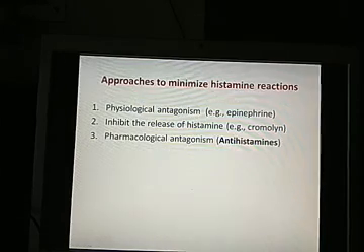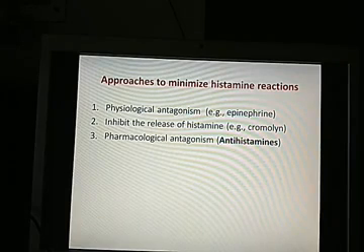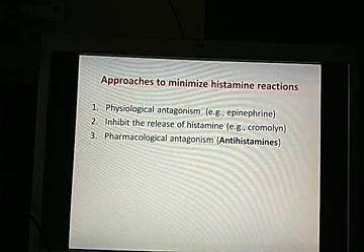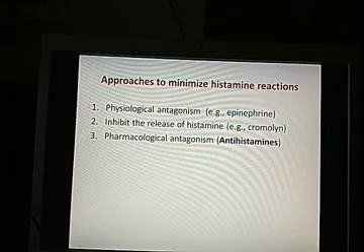So what are the approaches to minimize the effect of histamine, or approaches to minimize the histamine reactions? We have three approaches. One is physiological antagonism. Example is epinephrine. Now what is physiological antagonism? What is antagonism?